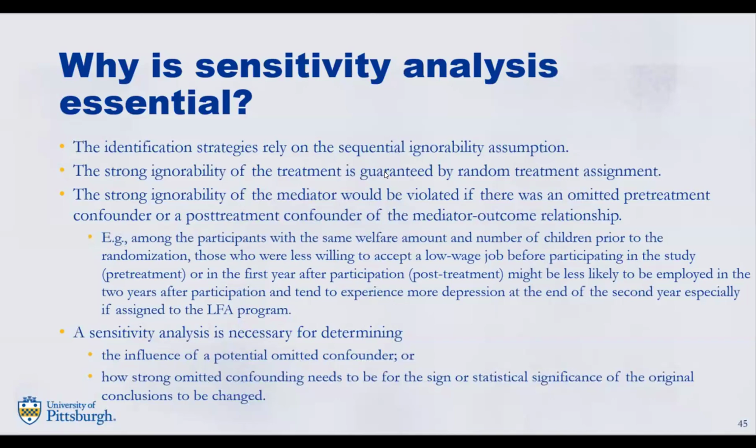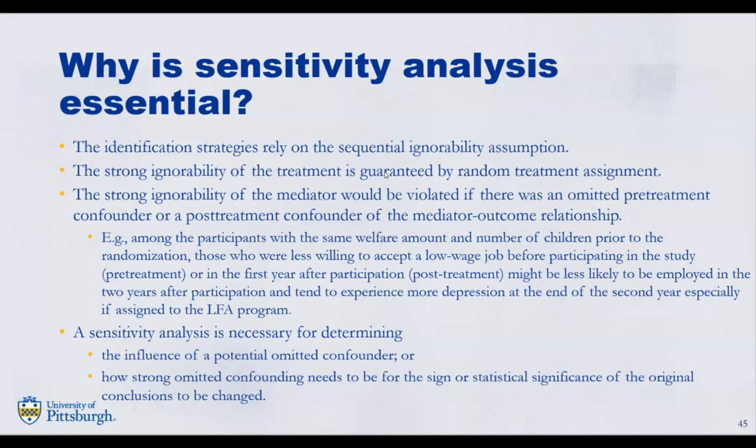But sometimes there may be very important confounders. You cannot omit them from the analysis. Omitting them would generate large bias and cause a change in the sign and/or the statistical significance of the original conclusion, or it may lead to a big change in the magnitude of the effect estimates.